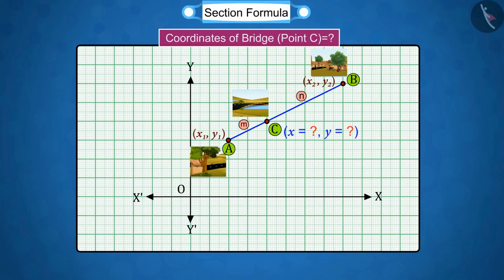So we can say that the coordinates of the point C where the bridge is to be constructed are x equals (mx2 + nx1) upon (m + n), y equals (my2 + ny1) upon (m + n).